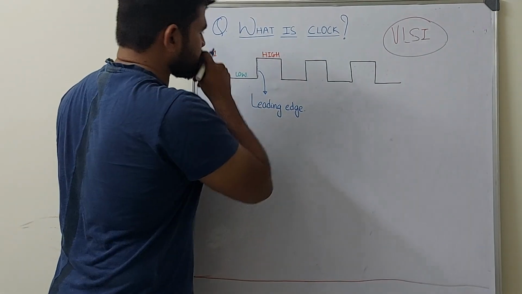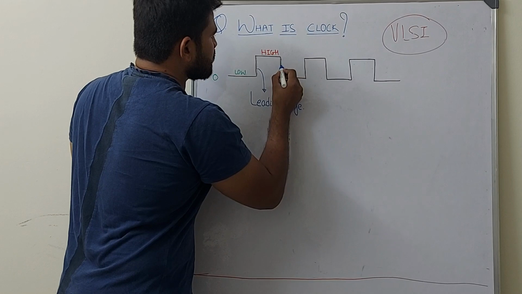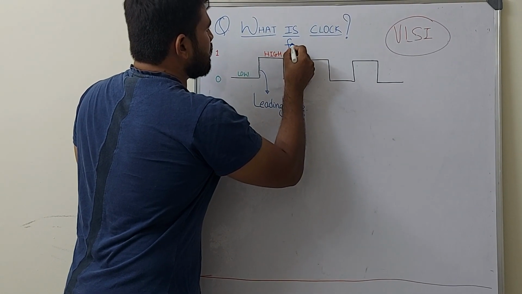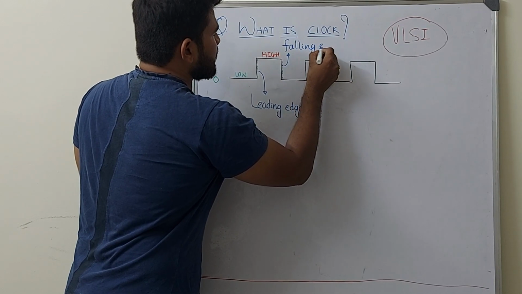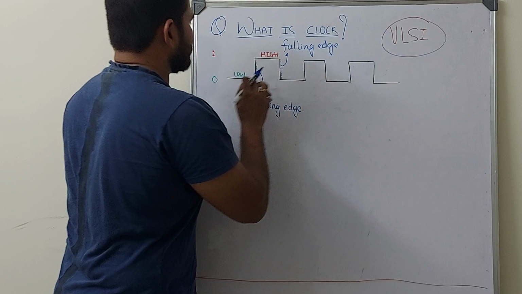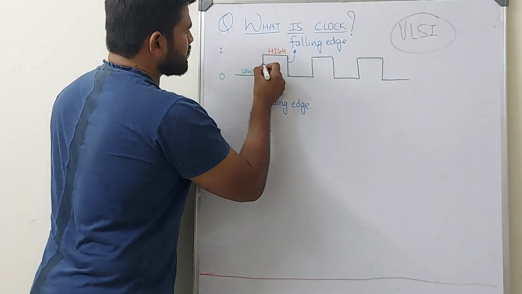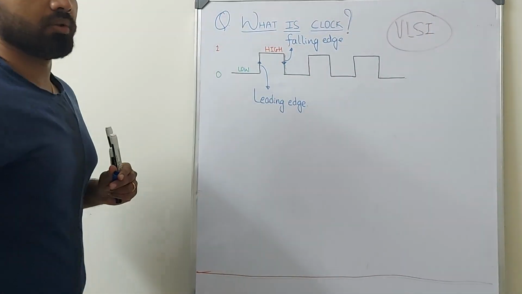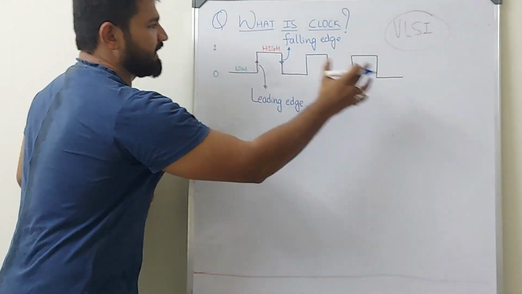Similarly, this is the falling edge. Since from here it is going low to high, and from here high to low. The signal is going from high to low. So this is a clock, and it is periodic.